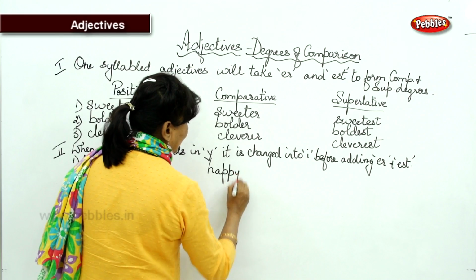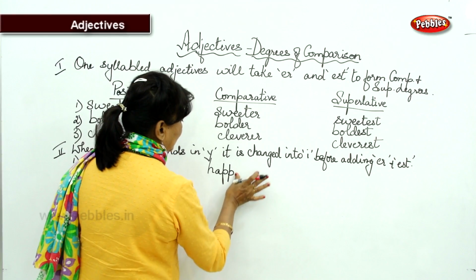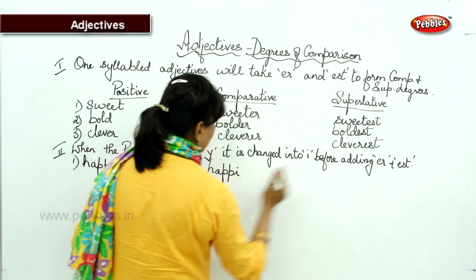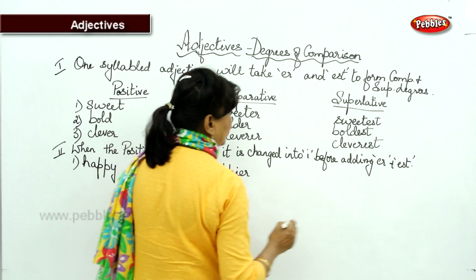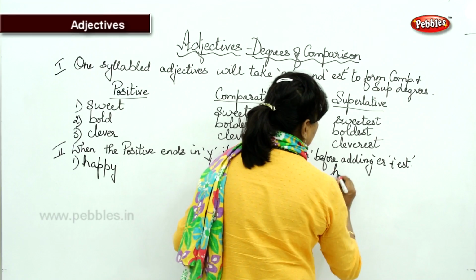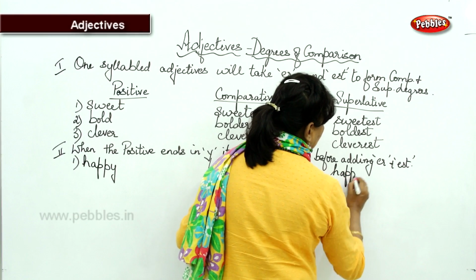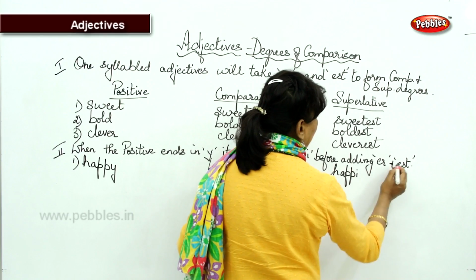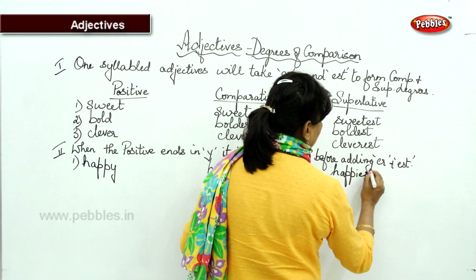Happy, Y is taken off and I is added and ER is added to it. Happier and happiest. Happy, Y is taken off and I is added and then EST.